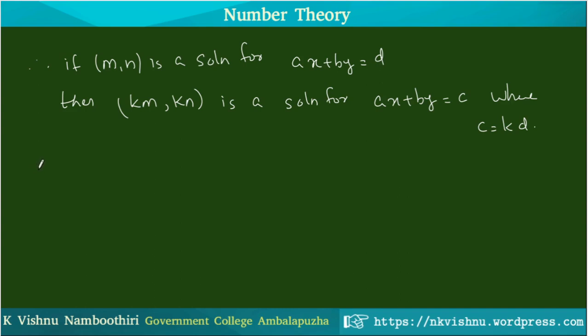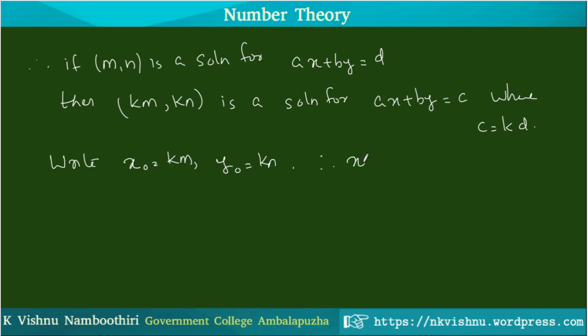Now we have to find if there is more than one solution. As in the case of Mahavira's puzzle, we know that there exists more than one solution. Suppose that (x0, y0) is one solution, which is equal to (km, kn). That is, x0 equal to km, y0 equal to kn.